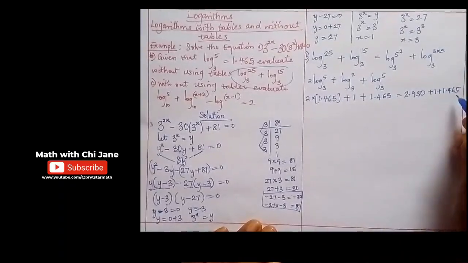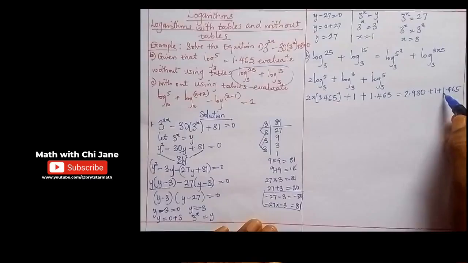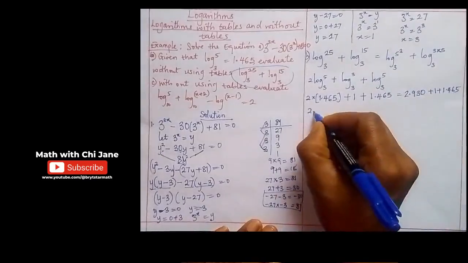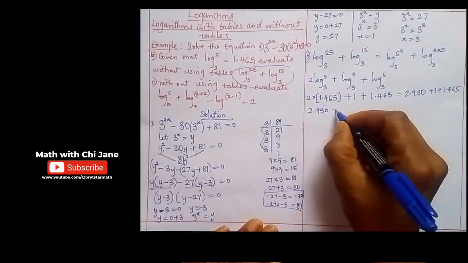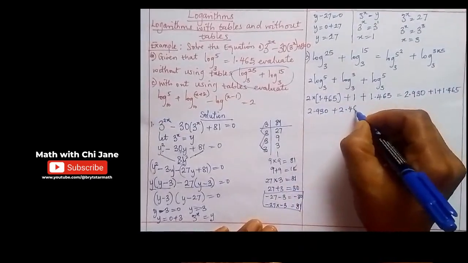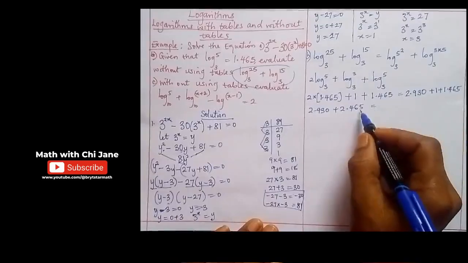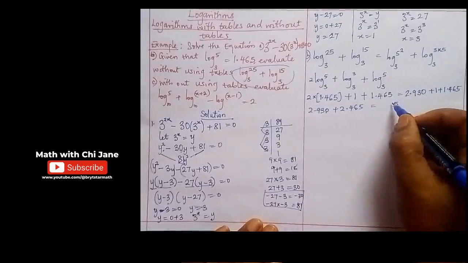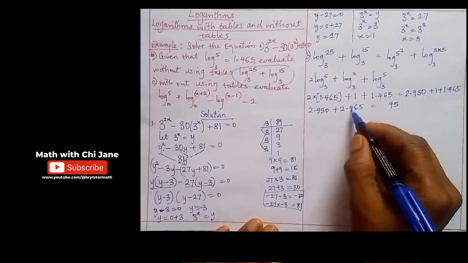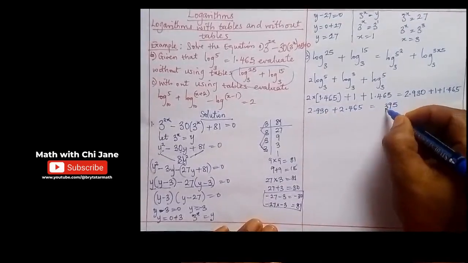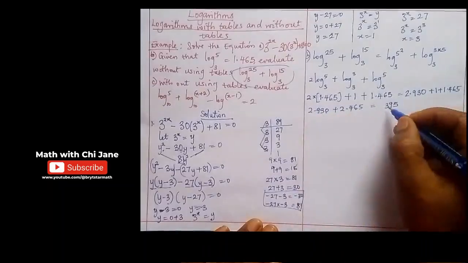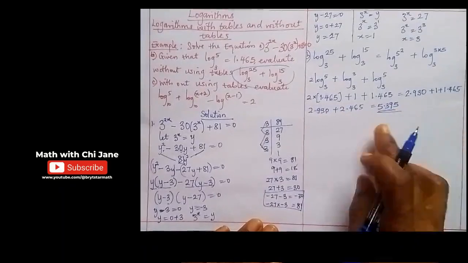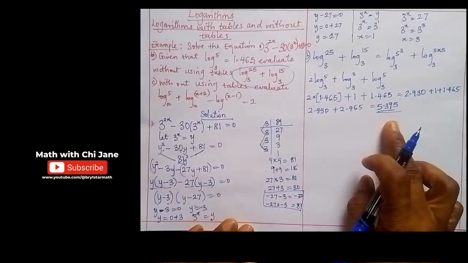Adding up everything, this is 3 figures. 1 plus 1 is 2. So we have 2.930 plus 2.465. 0 plus 5 is 5. 6 plus 3 is 9. 9 plus 4 is 13. Move 1. 2 plus 2 is 4 plus the 1 is 5. Then put your decimal point. So that gives us the value without using table.